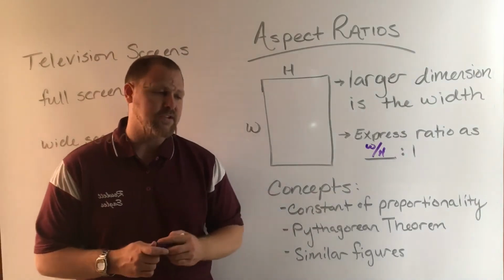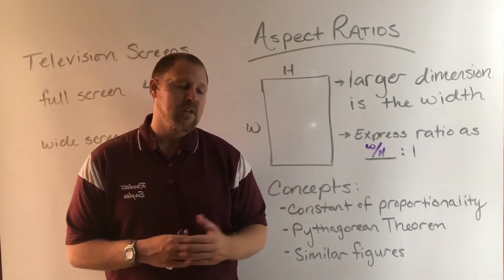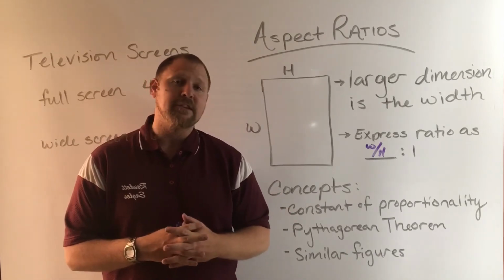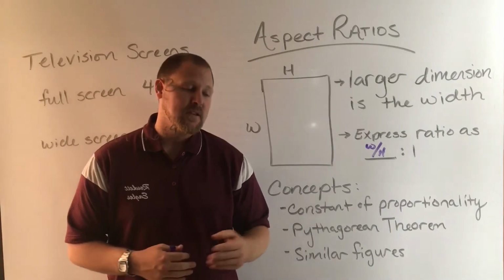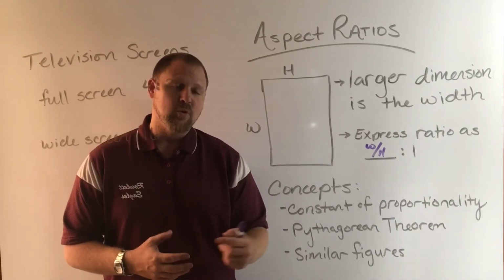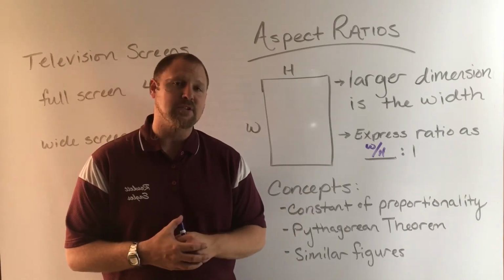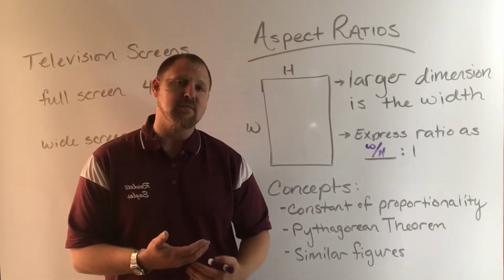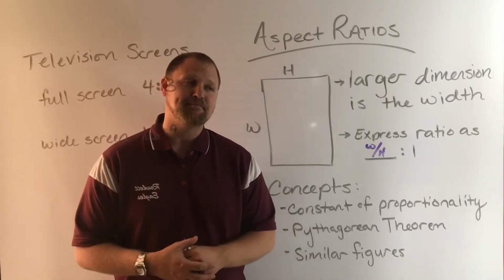Major concepts we're going to talk about: constant of proportionality or scale factor. We'll also use Pythagorean theorem and use that scale factor in Pythagorean theorem and similar figures. Now, these two will give you the same result when calculating the constant of proportionality. It's just one is more of a geometric concept and one is more algebraic in the way that it's executed.